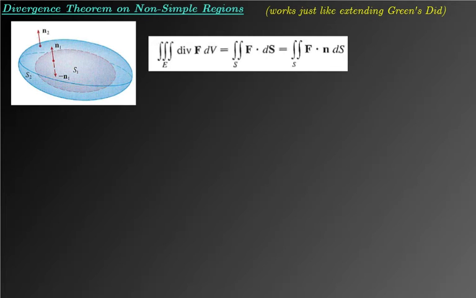The region I want to do divergence on is the blue region, the part between the outer blue shell and that red shell in there. It's like the part of the avocado that you eat. I don't want the pit. So that thing has a hole in it, and so it's a non-simple region, right?